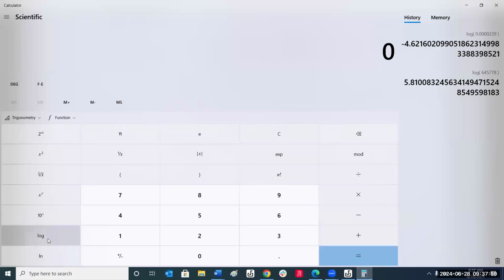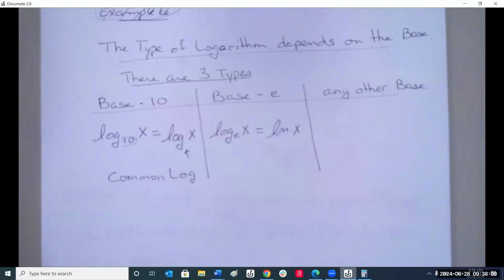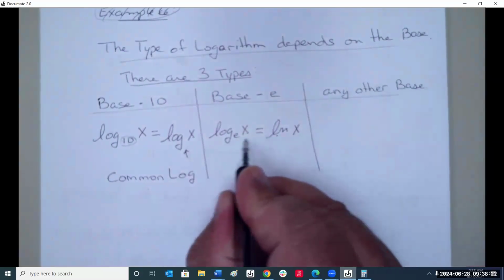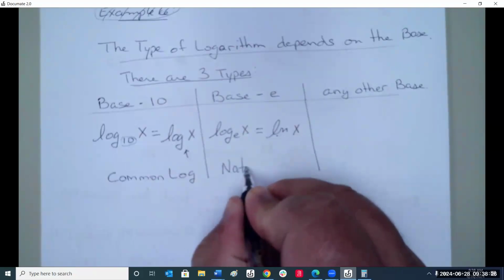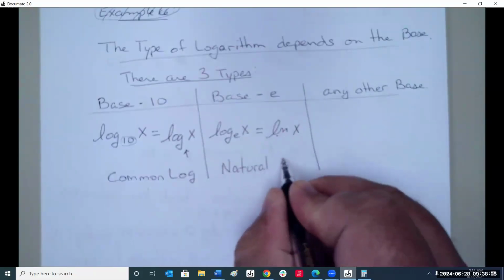So this one's log base what? Automatically base 10. This one's log base E. So we know what the calculation is going to be already. And the reason calculators and all computers use that is that it's standard. Any other base, we have to convert it. And I'll show you that in a second. If it's log base E, the ln, we call that a natural log.